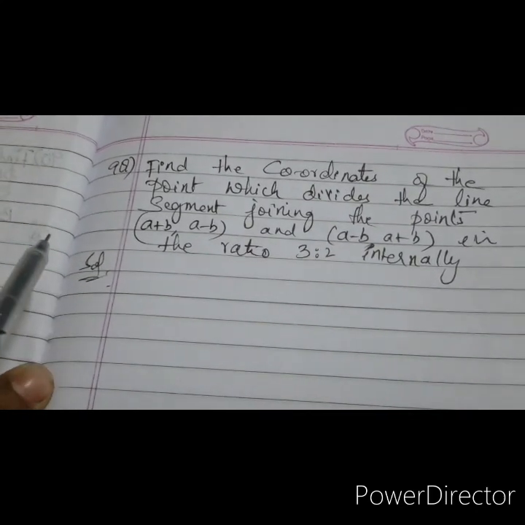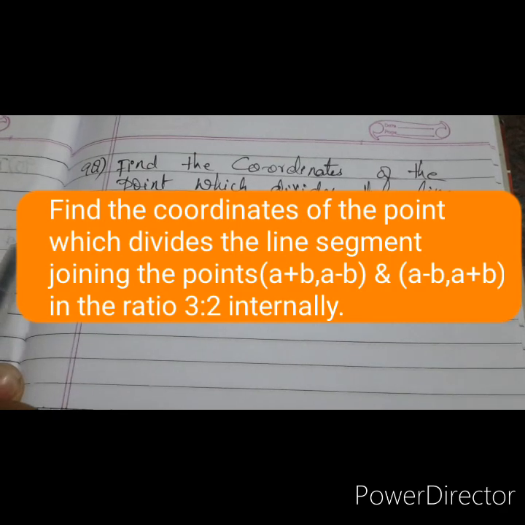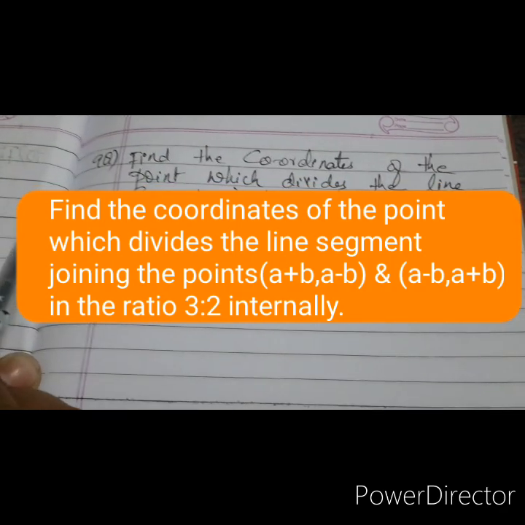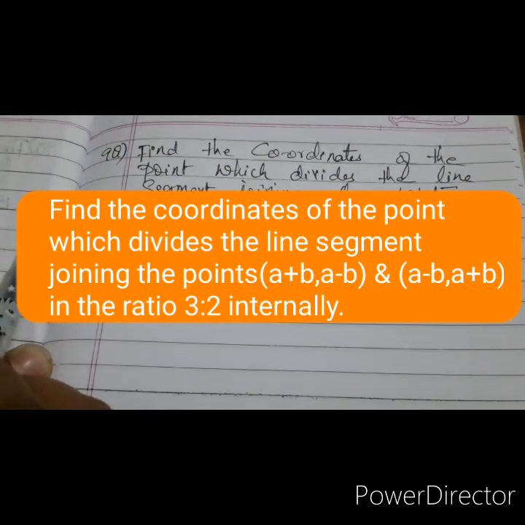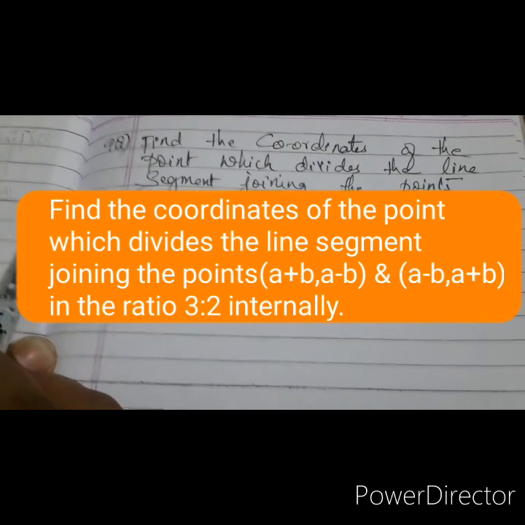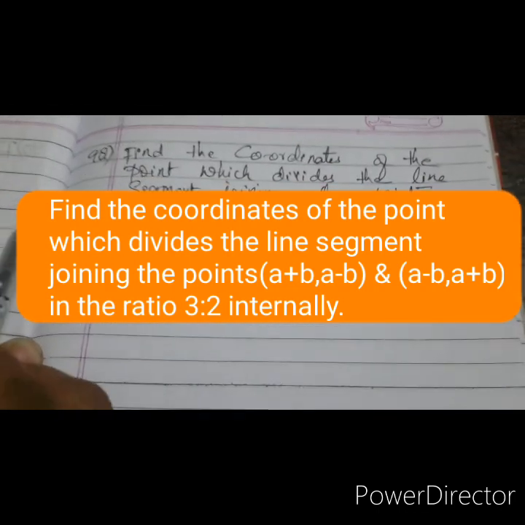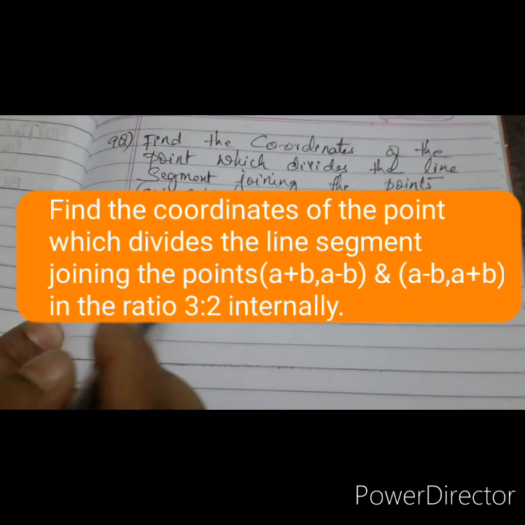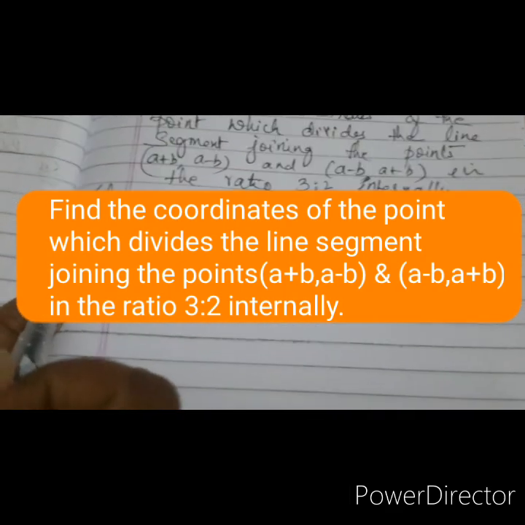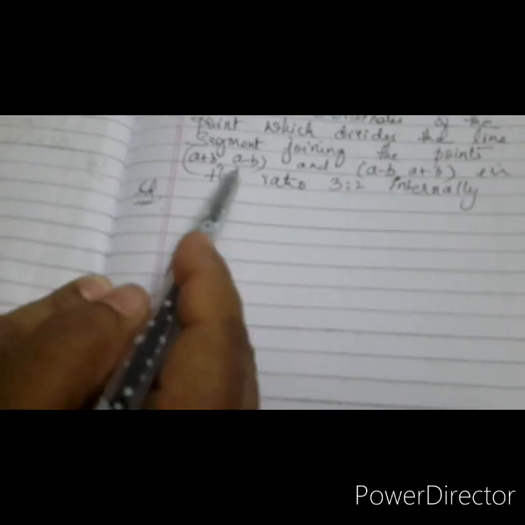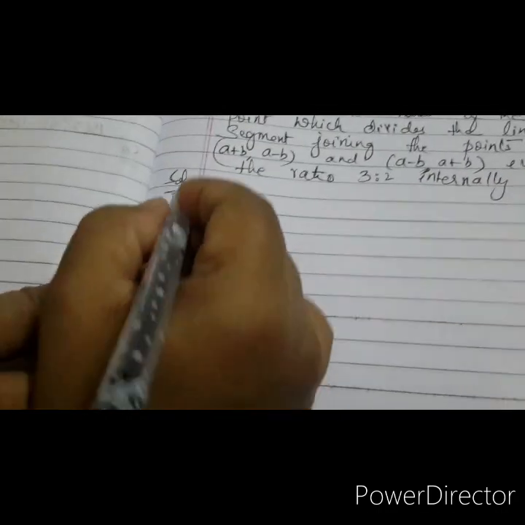Now, coming to the 9th question. Find the coordinates of the point which divides the line segment joining the points (a + b, a - b) and (a - b, a + b) in the ratio 3:2 internally. As you know, when a ratio and two points are given, you have to go with the section formula.